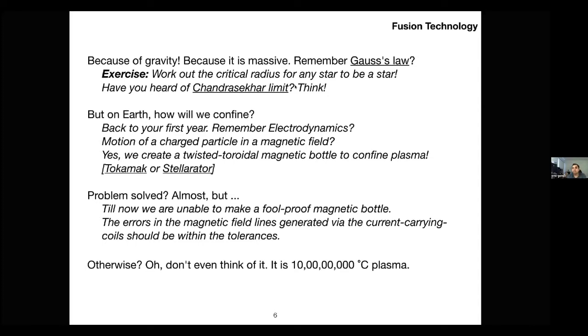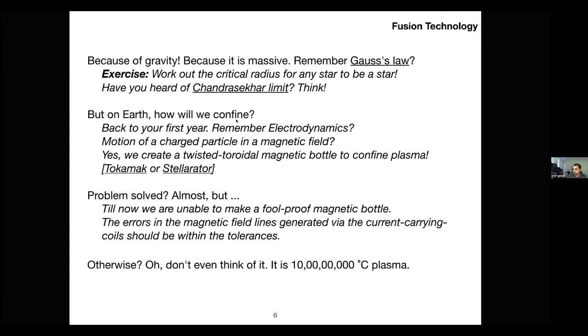But on Earth, we cannot have that much gravity because it's not that massive. The plasma that we generate is not that massive. So we need to confine the plasma on this Earth to achieve the fusion. But how will you confine?